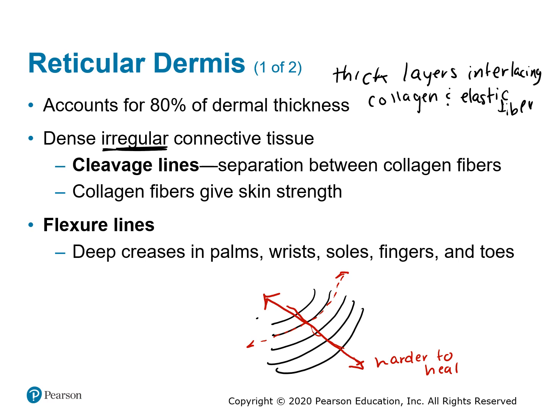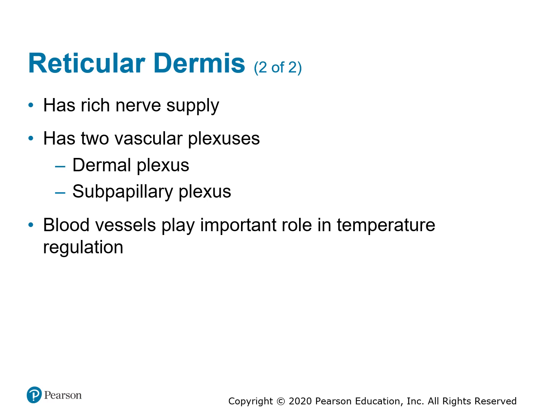Cool. So your reticular dermis has a rich nerve supply as well. This is where most of the nutrients and sensation comes from, your dermal layer. And they have two vascular plexuses. Plexus is pretty much just where nerve meets target. Okay? The dermal plexus and the subpapillary plexus.